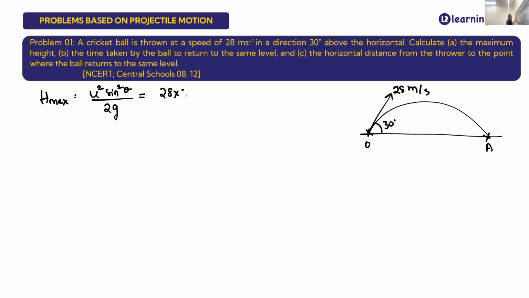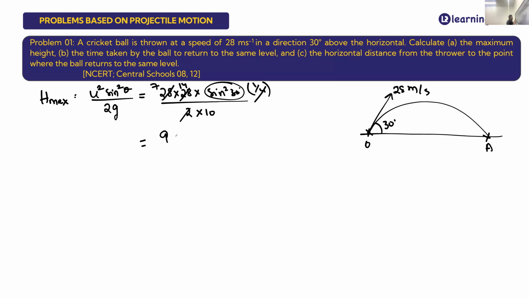So it is 28 into 28 into the value of sin square 30, divided by 2 into 10. So this will go 14 times and sin square 30 is going to be 1 by 4. 1 by 4 will cancel this 7 times. So 7 into 14, 14 into 7, it is 98.